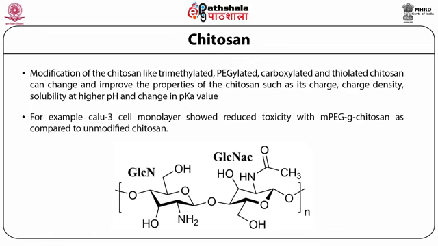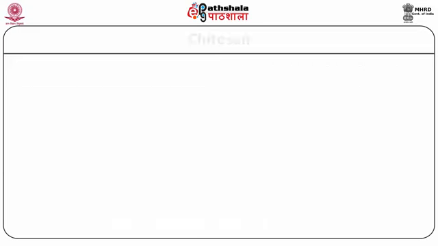For example, the Calu-3 cell monolayer showed reduced toxicity with M-polyethylene glycol coated chitosan as compared to unmodified chitosan.